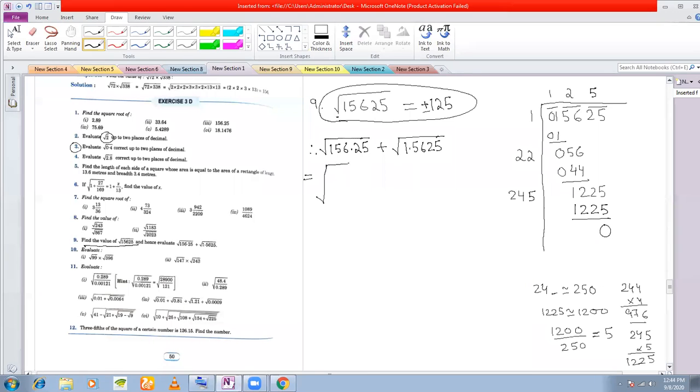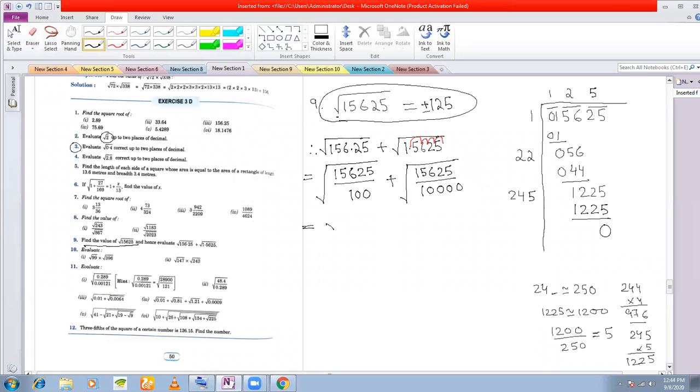We first convert this decimal to a fraction. So 156.25 can be written as 15625 divided by 100, and this can be written as 15625 divided by, how many places are you shifting the decimal here? You're shifting 4 places, 1, 2, 3 and 4. So in the denominator you must have how many zeros? 4 zeros.